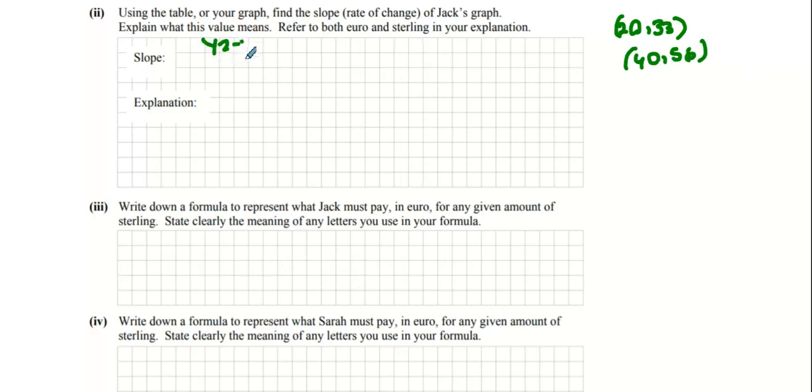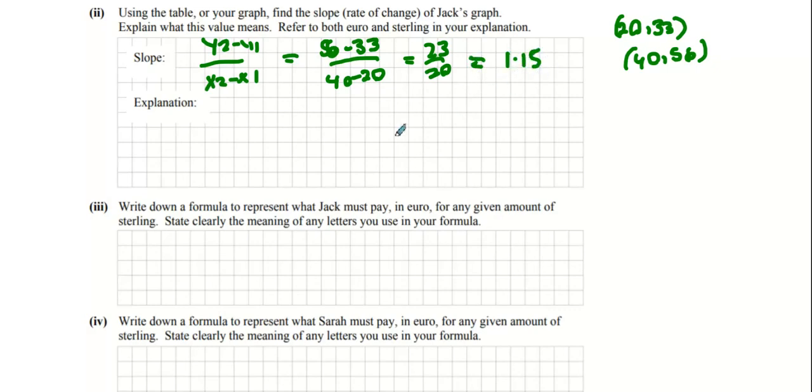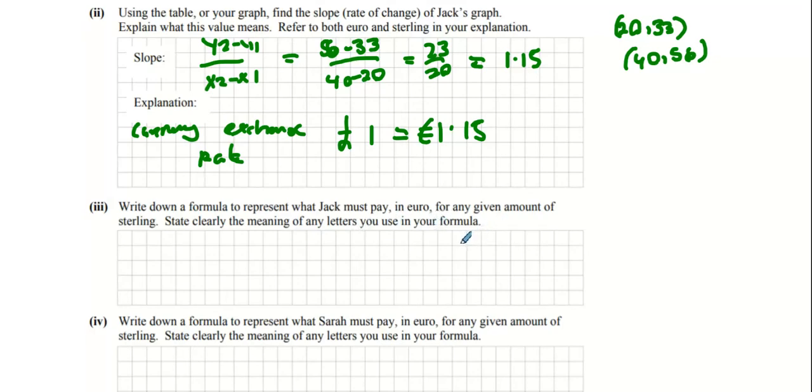Difference of the y's over difference of the x's, which ends up to be 56 take away 33 over 40 take away 20, which is 23 over 20, which is €1.15. You could say it's the currency exchange rate, where £1 is worth €1.15.